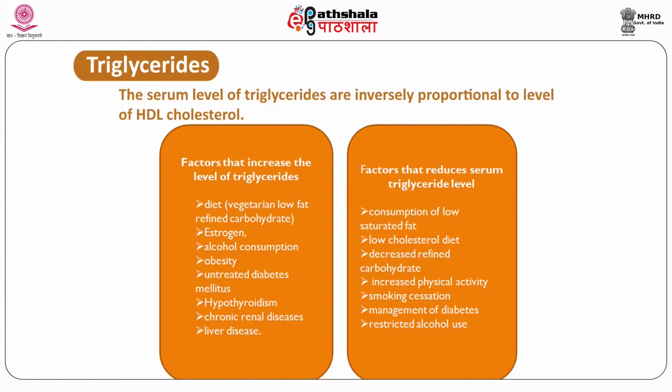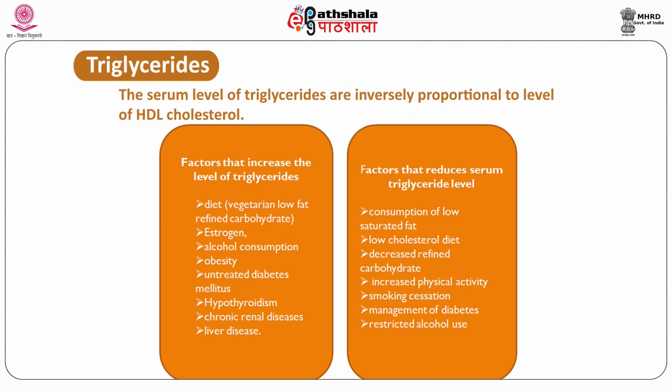The second one is triglycerides. Hypertriglyceridemia is a common metabolic syndrome that is recognized as a risk factor for coronary heart disease. The serum level of triglycerides is inversely proportional to the level of HDL cholesterol.